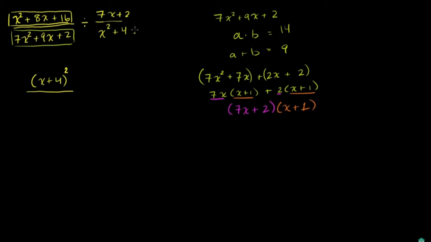Sorry, just a 4. So let me just put it like that, just in case that is a typo, because I think it's going to make it more interesting. So that's our original problem. We haven't messed with this part yet, so it won't change any of our math. But so far, we factored this bottom part using grouping as 7x plus 2 times x plus 1.